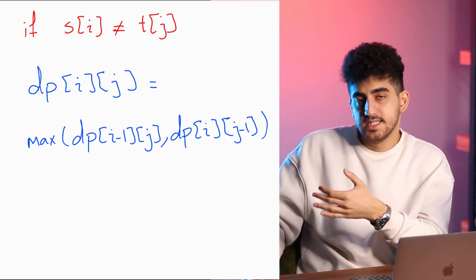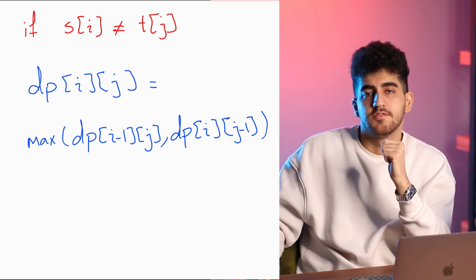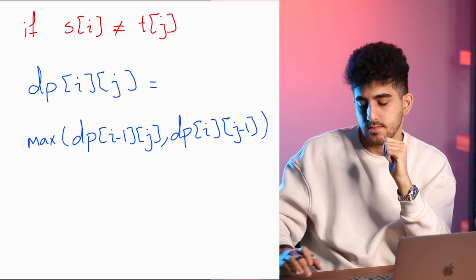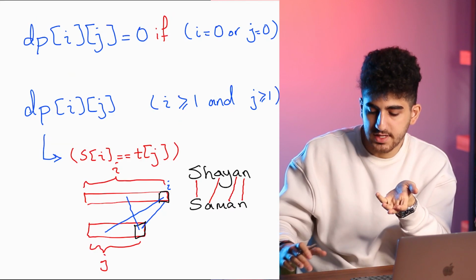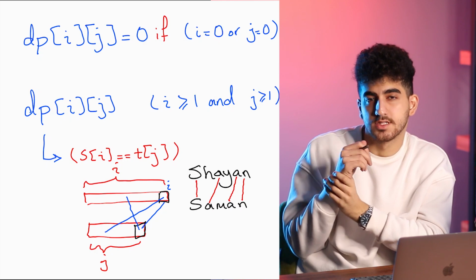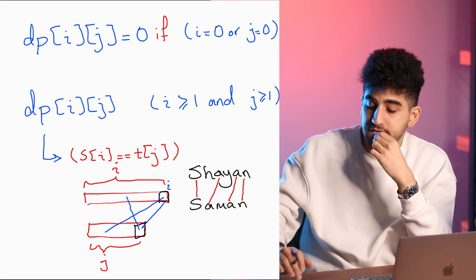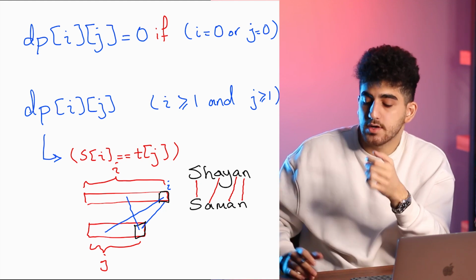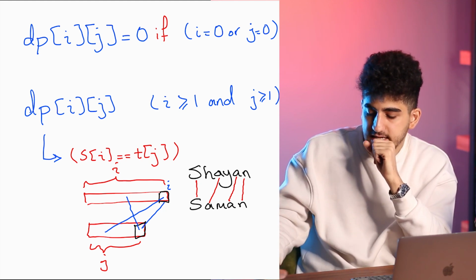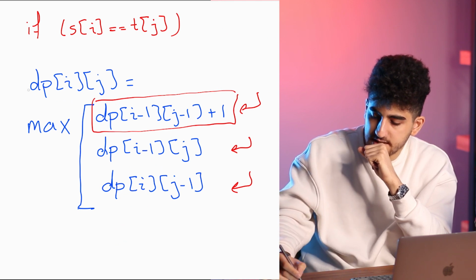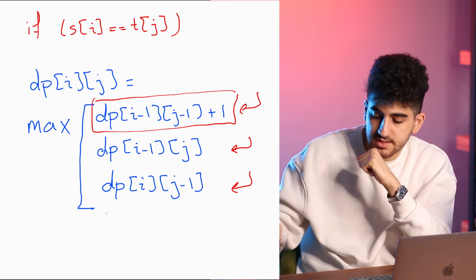So this is how I can calculate the values of my dp's. And I know that when I or j are equal to 0, these are my base cases. In this situation, dp of I and j is 0. If I and j are greater than or equal to 1, I have two cases. In the first case, I say that dp of I and j is equal to maximum of these three values.